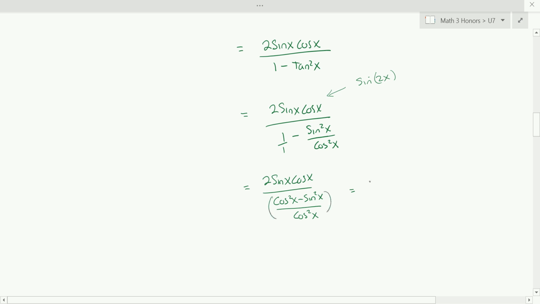So we got 2 sine x cosine x over 1 times cosine squared x over cosine squared x minus sine squared x. So just flip the second fraction over to multiply it with the first.